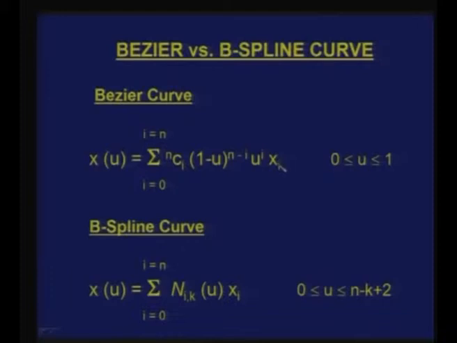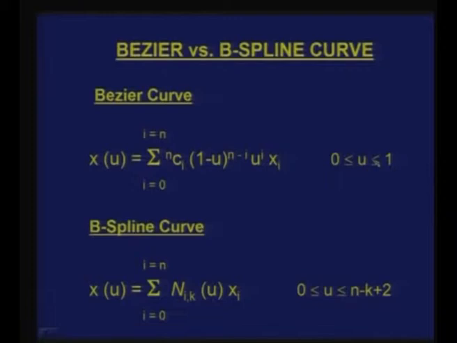Each of these x coordinates has some influence, and is multiplied by two terms: 1 minus u to the power of n minus i, and u to the power of i, along with a binomial coefficient, nCi. So, if I have 10 control points, I will have 10 terms here, all participating in the definition of the curve, and the parameter range varies from 0 to 1.